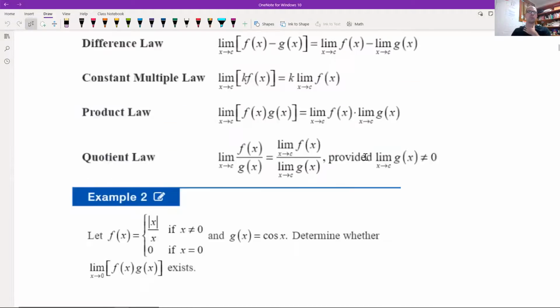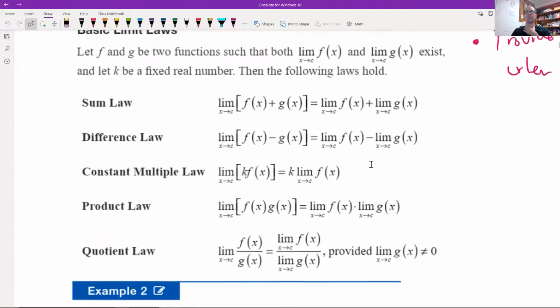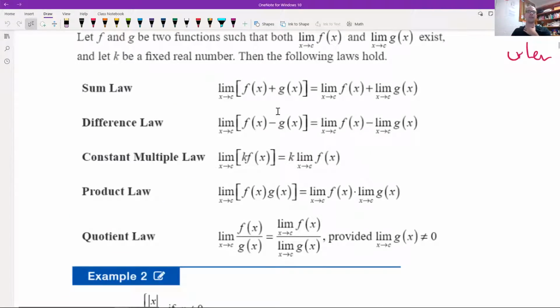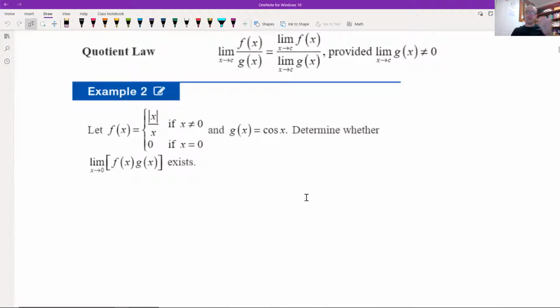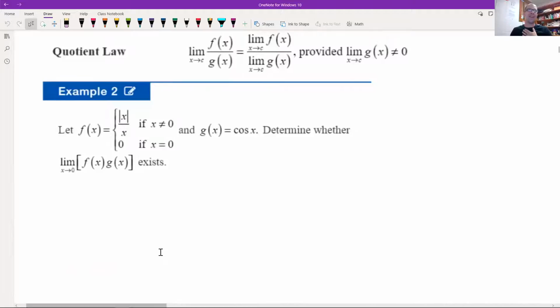So one of the reasons that we have these limit laws is that sometimes combining these functions is not always easy to describe. For example, number 2 here. We have f of x defined as a piecewise function, and g of x is just cosine.